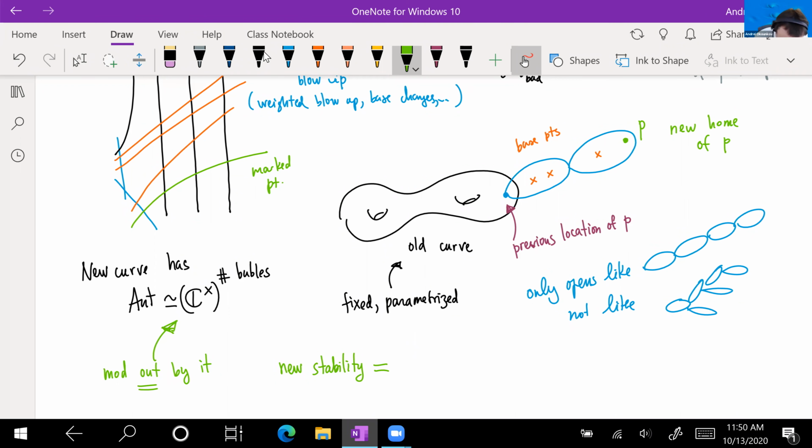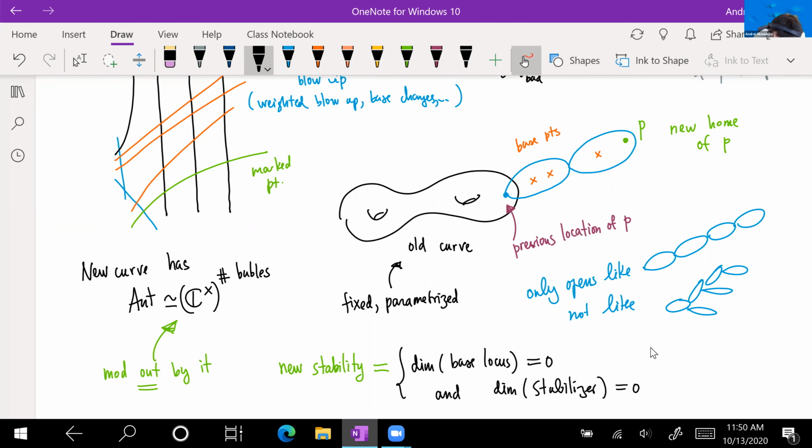The old stability means the dimension of the base locus is 0, and the new one says the dimension of the stabilizer is 0. That's the familiar condition from the moduli space of curves.